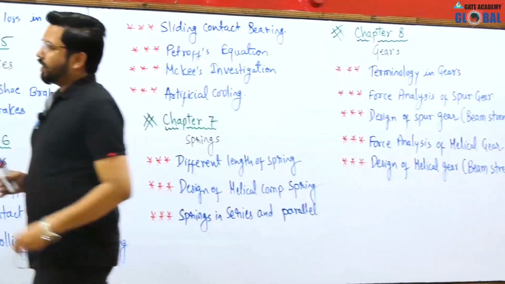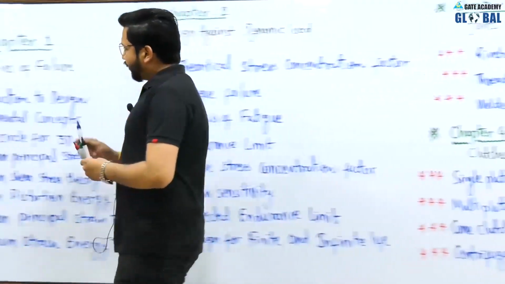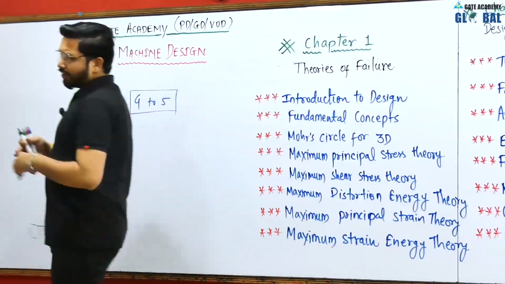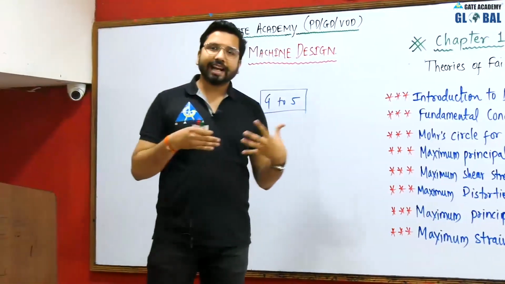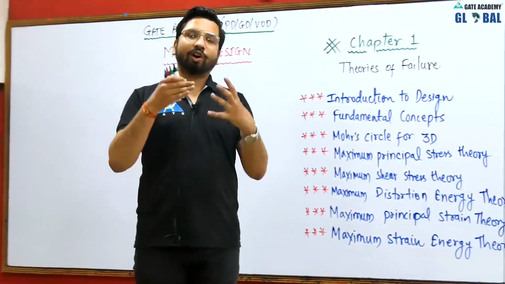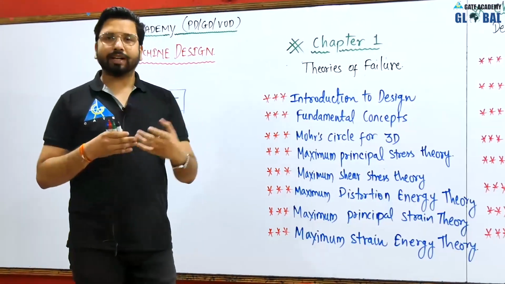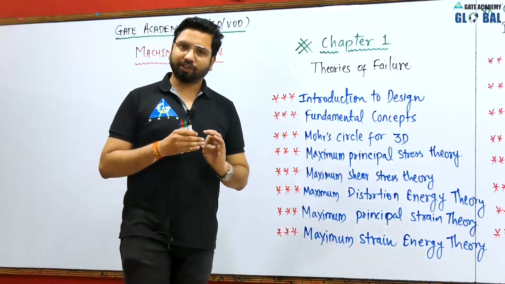Starting with theory of failure: as we know, we are designing a component, and design is always performed in such a way that it must avoid the chances of failure.